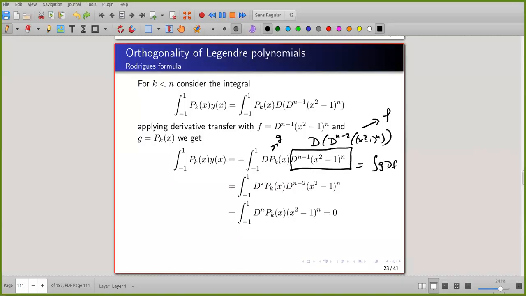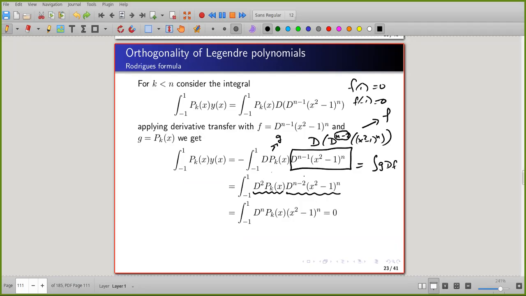And once again, by what we saw, this n minus 2 is strictly less than n, and therefore f of 1 is 0, f of minus 1 is 0, right? So we get dg, which is going to be d^2 P_k(x) times d^(n-2).